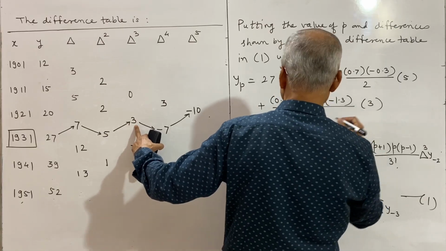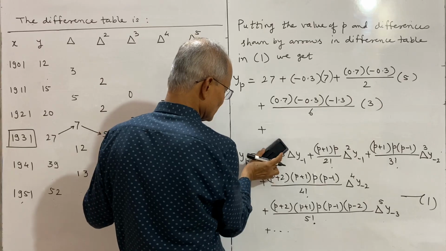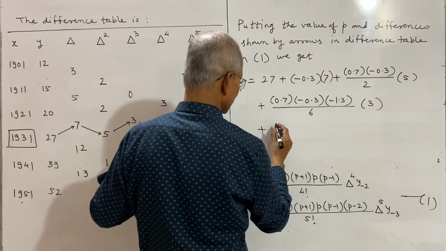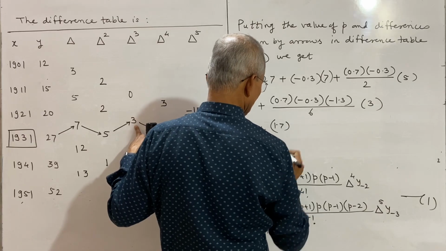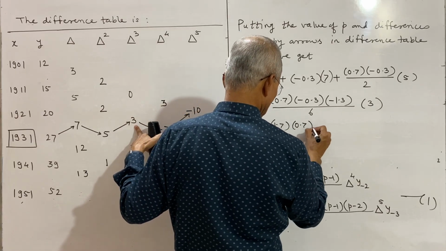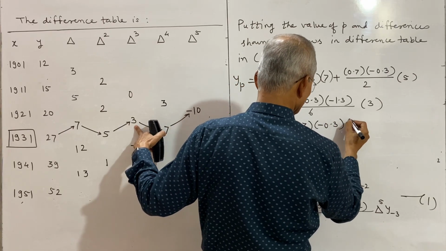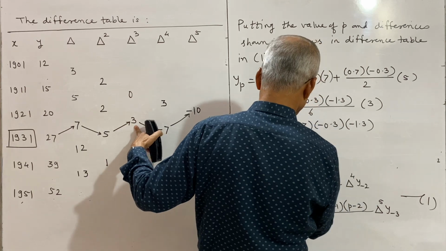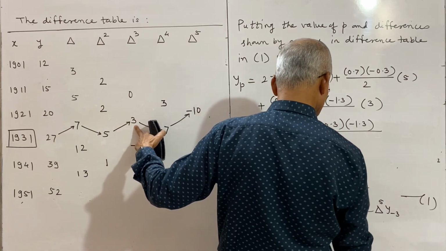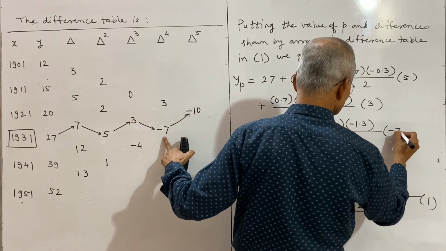that is 3, plus the next value, p plus 2, which will be 1.7, then p plus 1, that is 0.7, then p, and this value divided by 4 factorial, that is 24, into the fourth difference, which is minus 7.